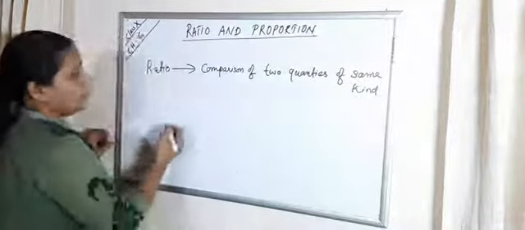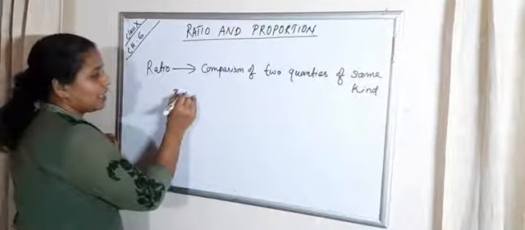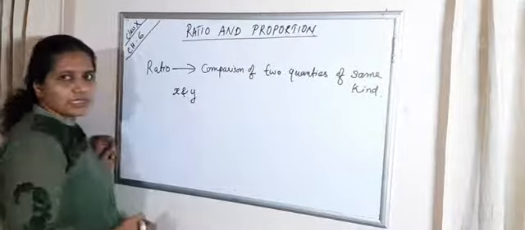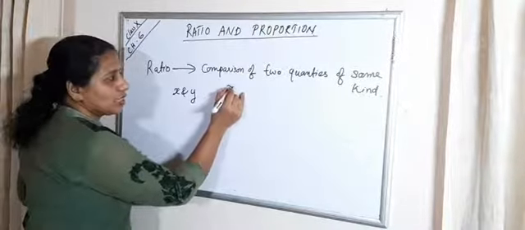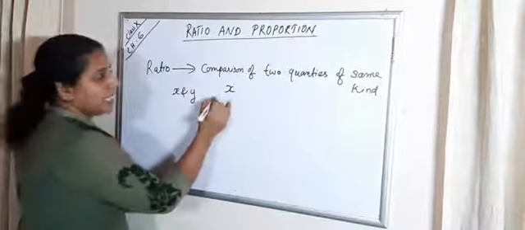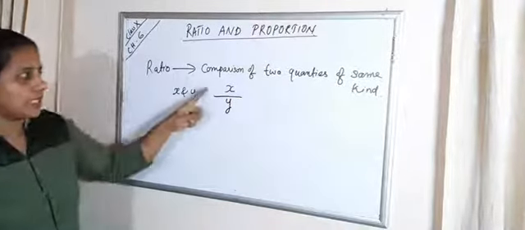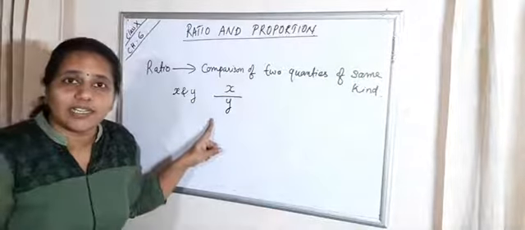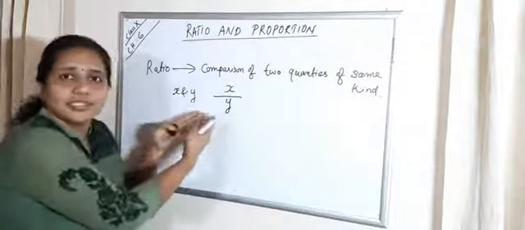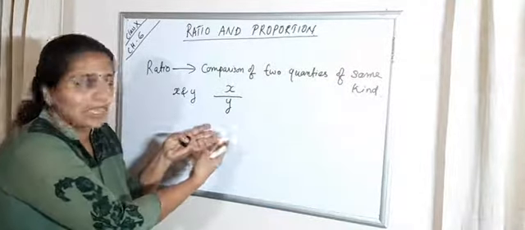If x and y are two numbers, then ratio means how many times x contains in y. Then tell me what is it? It is a fraction.